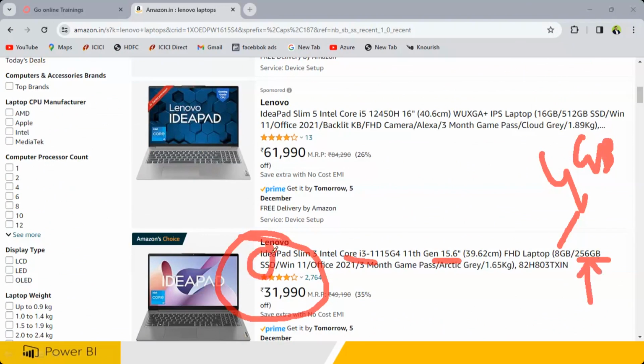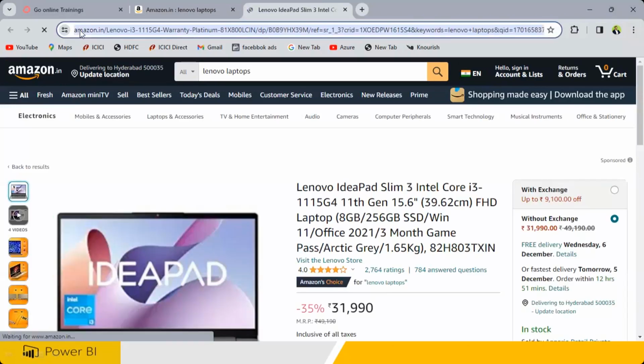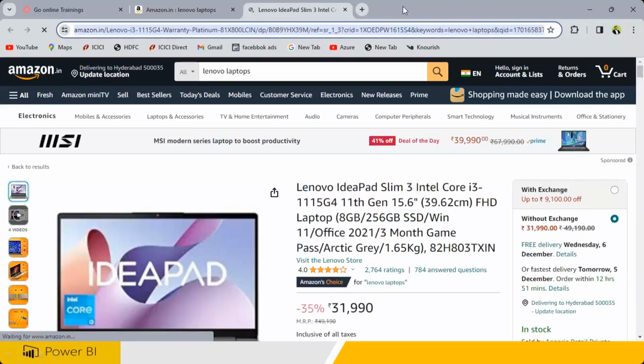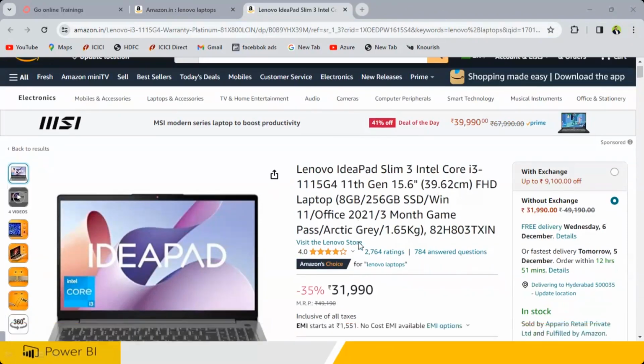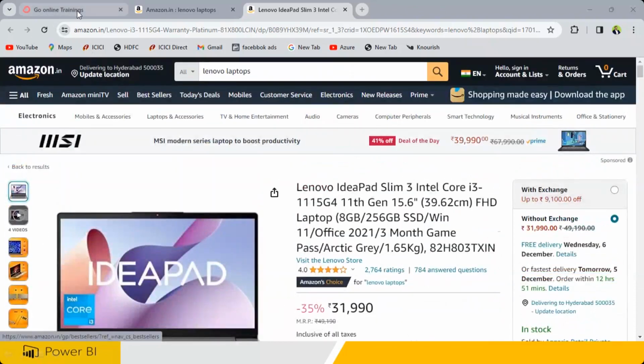SSD means hard disk. Windows 11 is required, Office is required, and that's it. This is a beautiful configuration. You can buy it for 31,000 rupees. Now I'm giving you this configuration data in the chat window. The same kind of configuration you can buy in the shops also. This is one thing I can recommend.